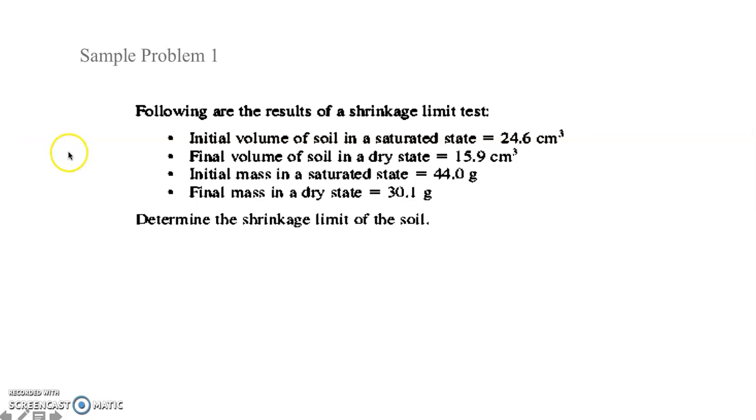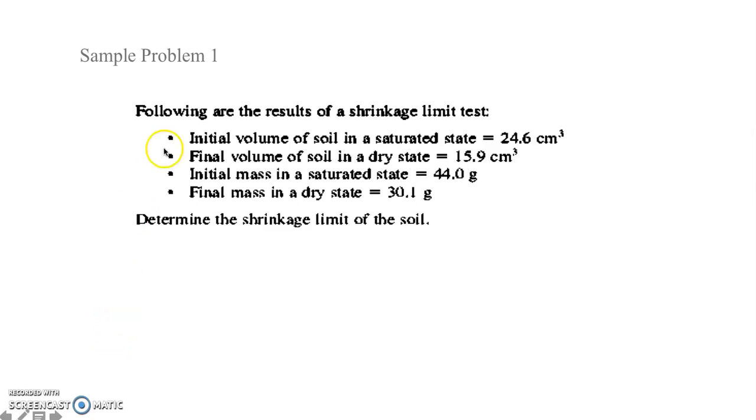Following the result of a shrinkage limit test, the initial volume of soil in a saturated state is 24.6 cubic centimeters. Final volume of the soil in a dry state is 15.9 cubic centimeters. The initial mass in saturated state is 44 grams. Final mass in a dry state is 30.1 grams. You are going to determine the shrinkage limit of the soil.